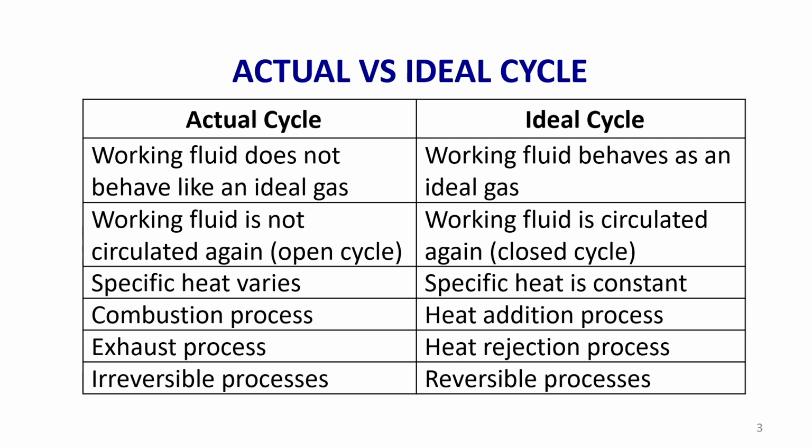That is one major difference between the actual cycle and the ideal cycle. Similarly, the exhaust process which takes place in the exhaust stroke is replaced by a heat rejection process in an ideal cycle.